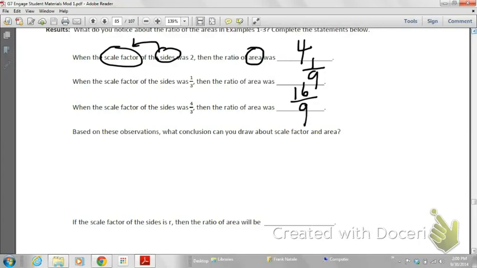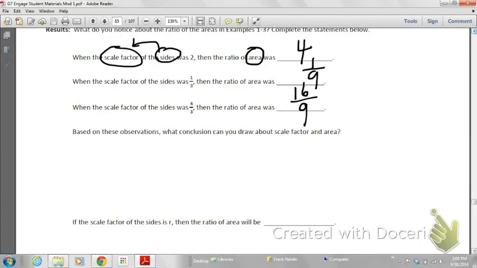Okay, so now if you haven't done this yet, I want you to think about this question and go ahead and jot some thoughts that you may have. Based on these observations, what conclusion can you draw about scale factor and area? So this is what we want right here.